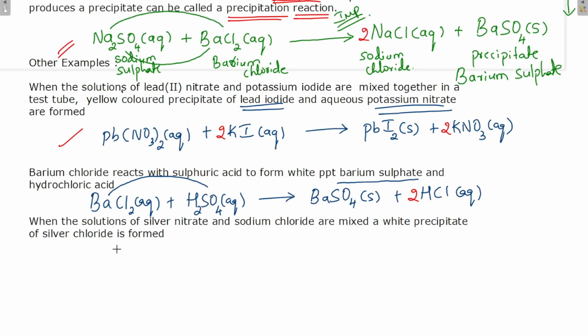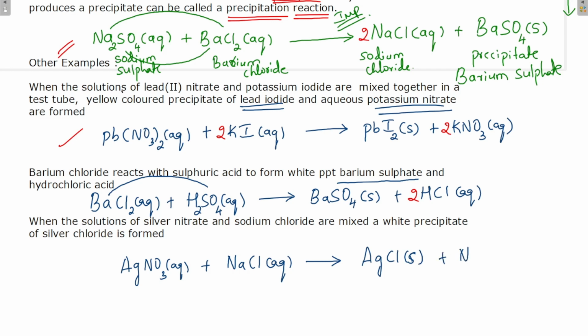Let's write one more equation for this reaction. When the solutions of silver nitrate and sodium chloride are mixed, a white precipitate of silver chloride is formed. AgNO3 is silver nitrate, which reacts with sodium chloride solution to form a white precipitate of silver chloride, and also sodium nitrate is formed here, which is soluble.